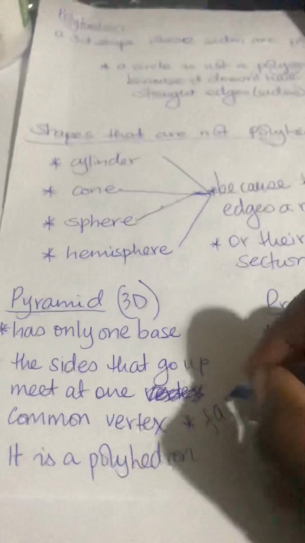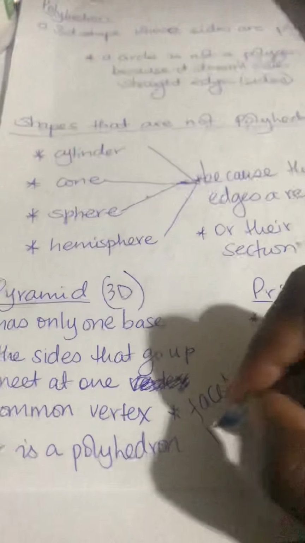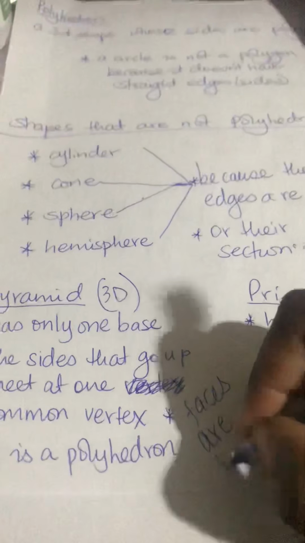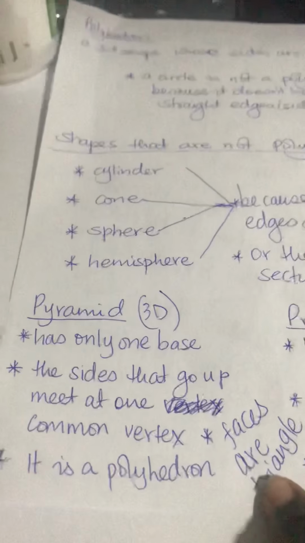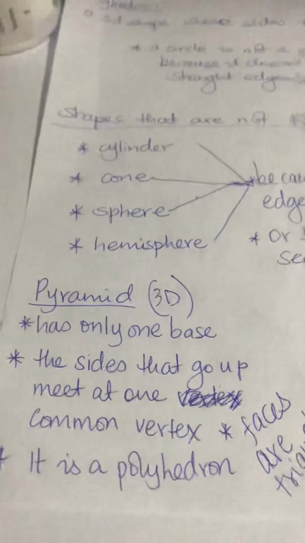The faces have to be triangles. So, for you to be a pyramid, your face has to be a triangle. You should only have one base. And all your faces meet up. They meet up. You see? All the faces meet up over here. Look. There you go. Okay? You need to do this. All this you need to label them.